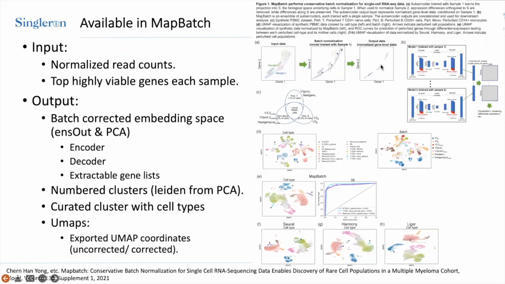A clean embedding space is returned, and it represents the cell type specific information within the sample itself. So no batch effects or technology variation is learned from these autoencoders.